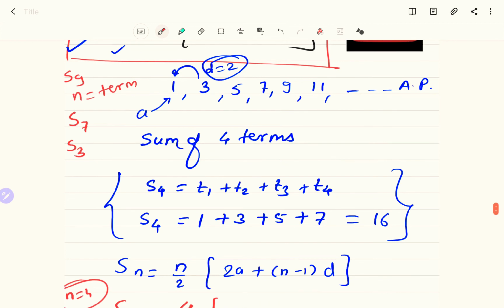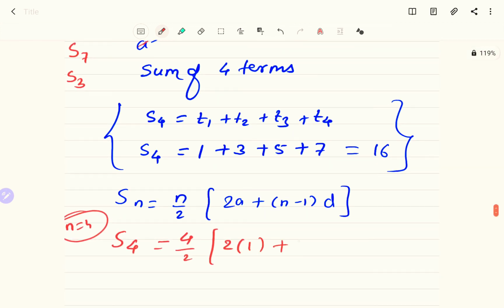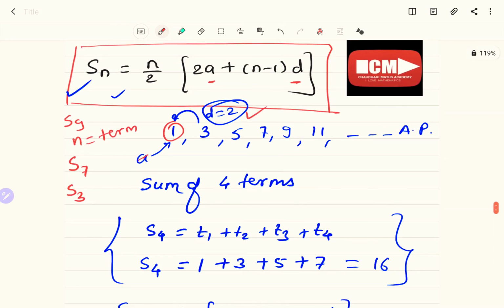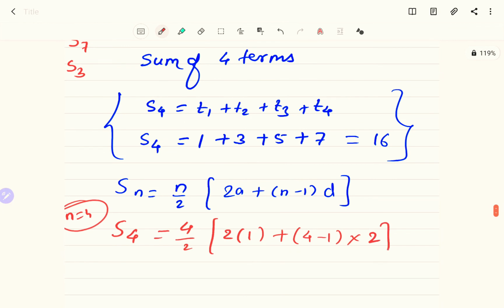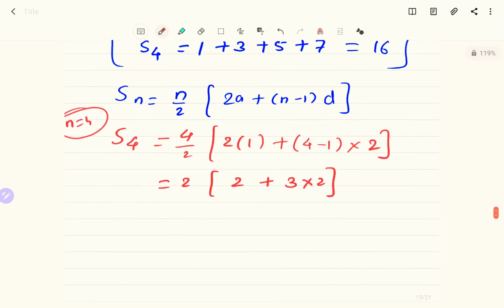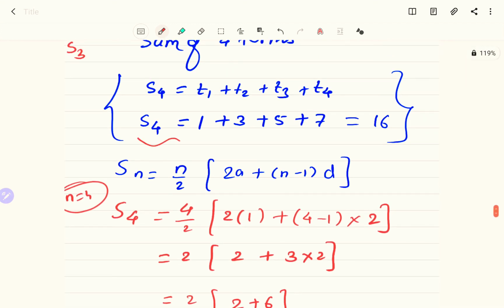If you observe, the first term of the sequence is 1, then n value is 4 minus 1, and what is the value of d? The common difference in this case is 2. So here this division is 2, this is 2 plus 3 into 2. Please simplify and cross check your answer. This is 2, 2 plus 6, 8 into 2, which is 16, which is exactly equal to the thing we calculated manually.